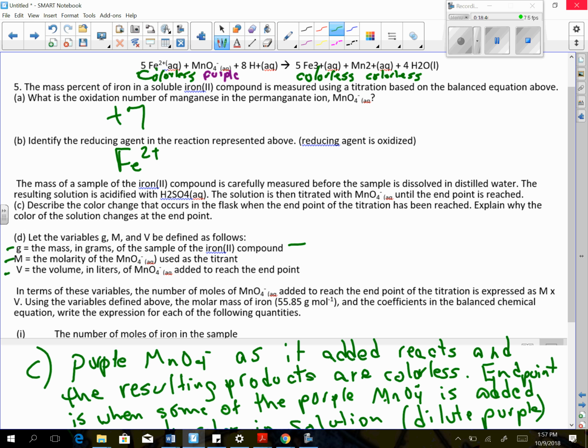And if you read that in terms of these, it says the number of moles of the permanganate to reach the endpoint is M times V. So we know the moles of MnO4 equals MV.